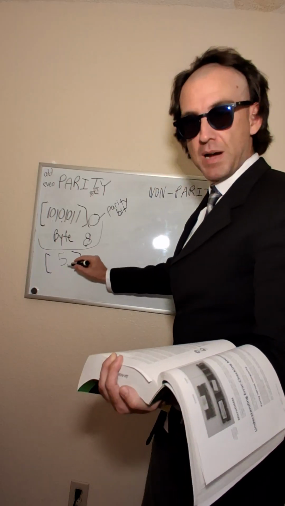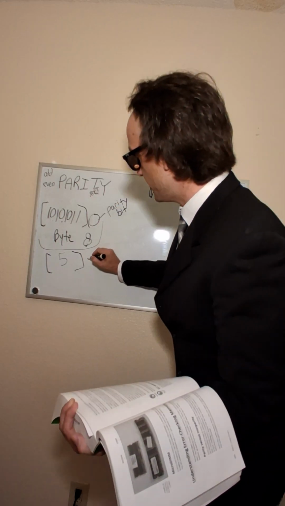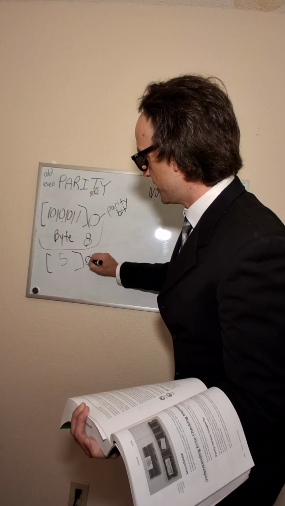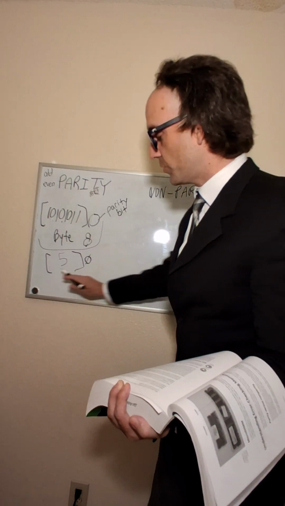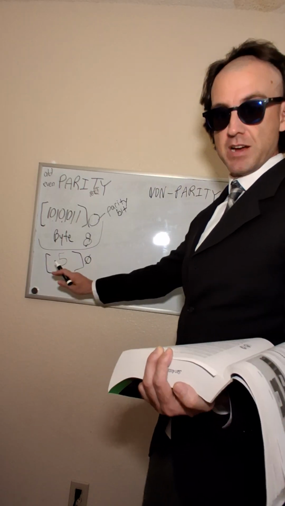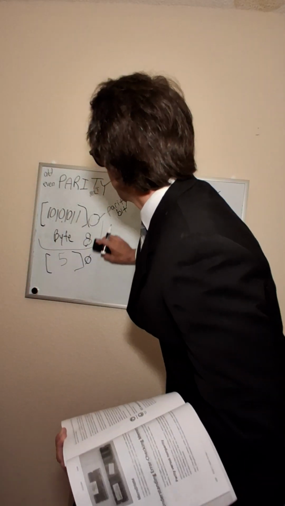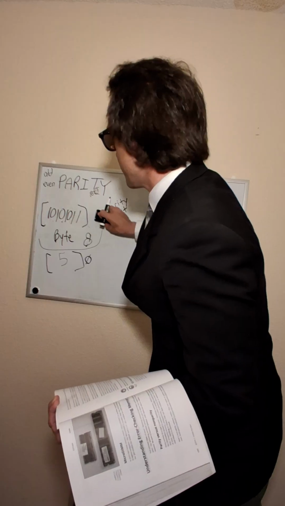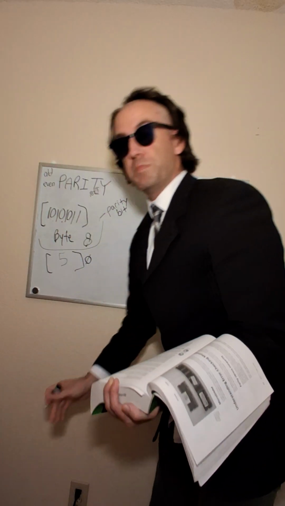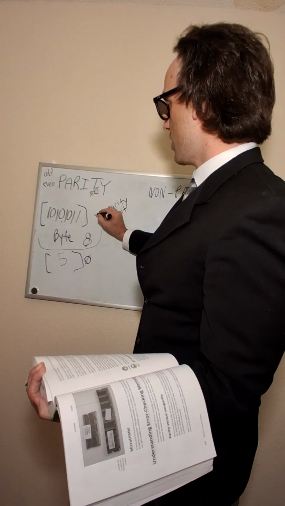It would store the byte with odd parity, and it would have your little 0 parity bit stored with it. If it was even parity, then this little parity bit would be on, so it'd be a 1.